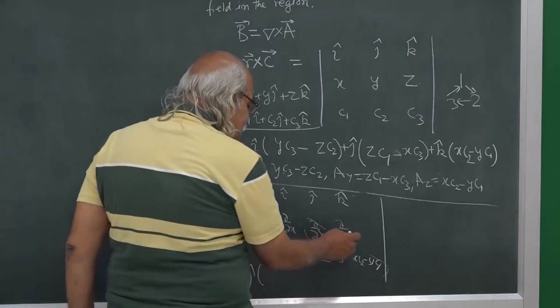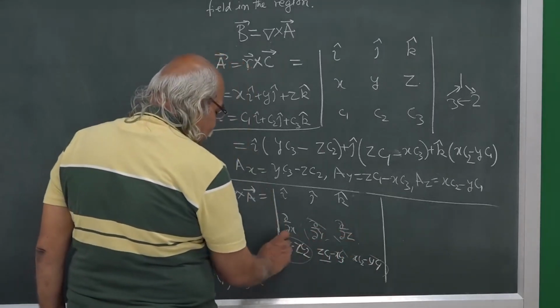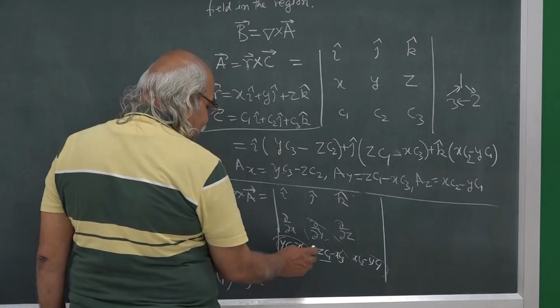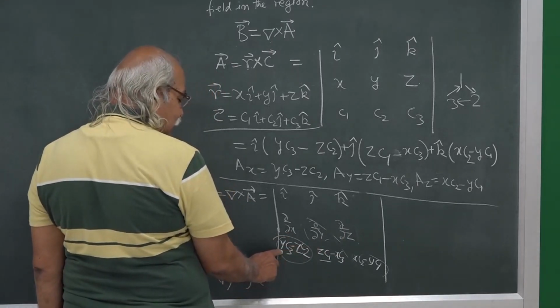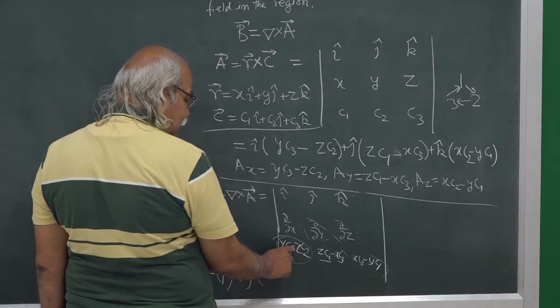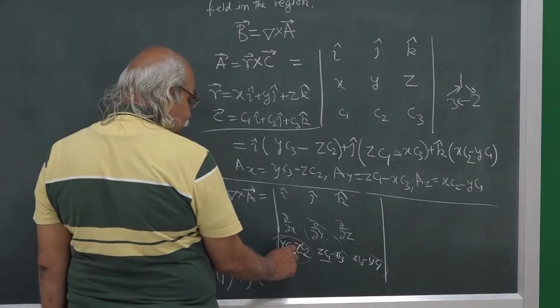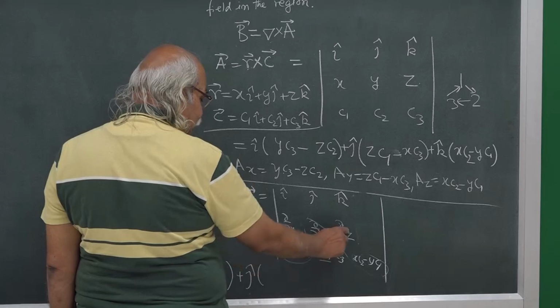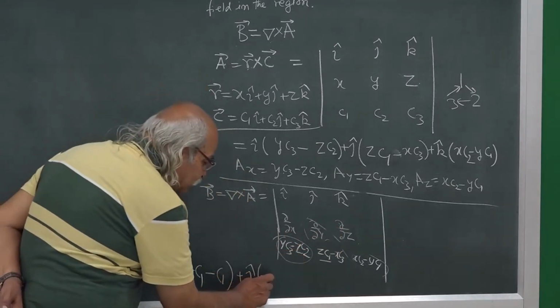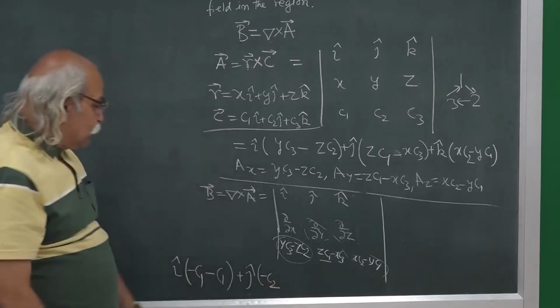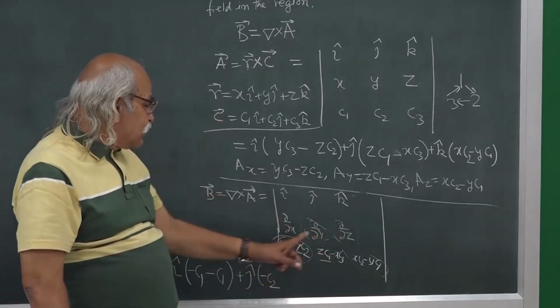So how much is del/del z of this quantity? Differentiate with respect to z. 0 here, no z, no z. Then minus, and this is z here. So it is minus C2. Differentiate with respect to z, you get minus C2. We have done del/del z of this.